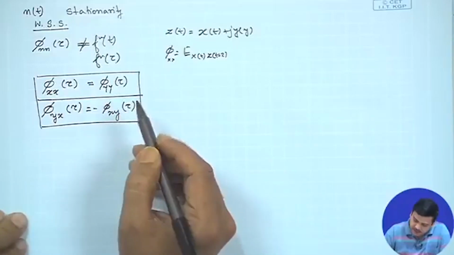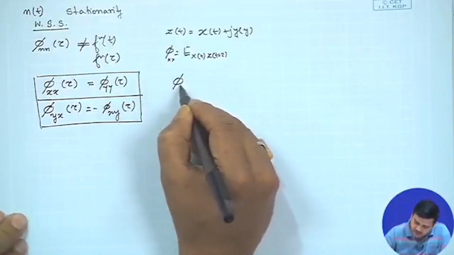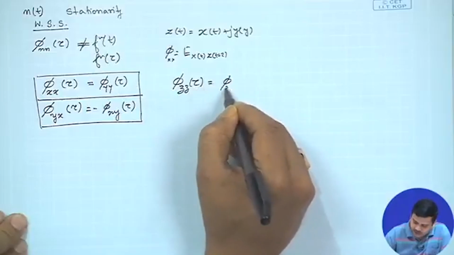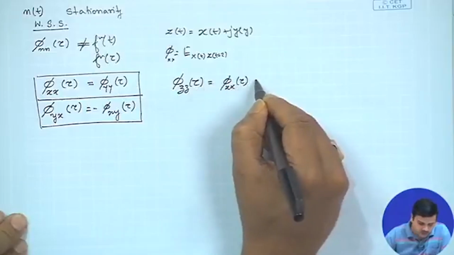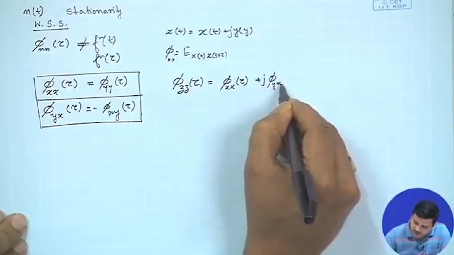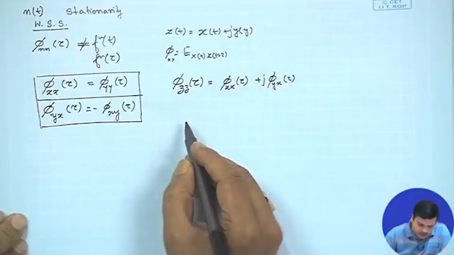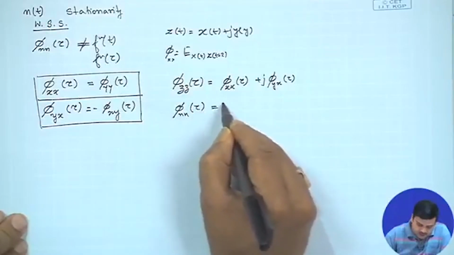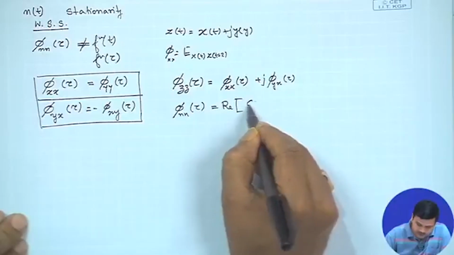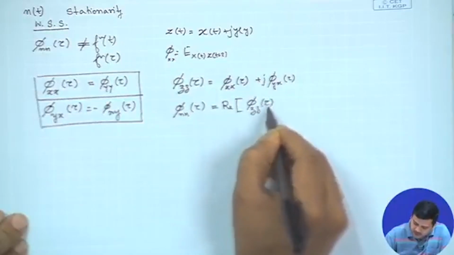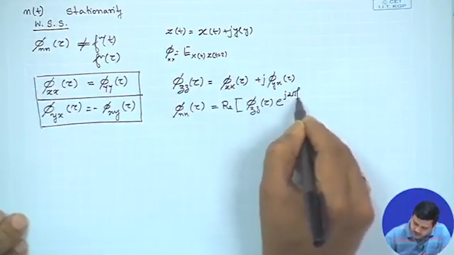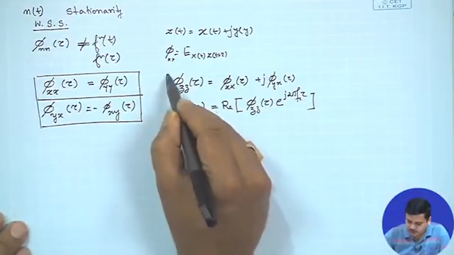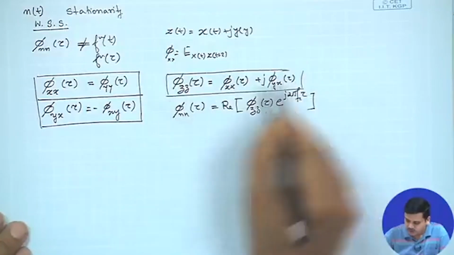Then, since we also had the relationship that φ_zz(τ) is equal to φ_xx(τ) plus j φ_yx(τ), we could connect that φ_nn(τ) is equal to the real part of φ_zz(τ) e to the power of j 2π f_c τ.